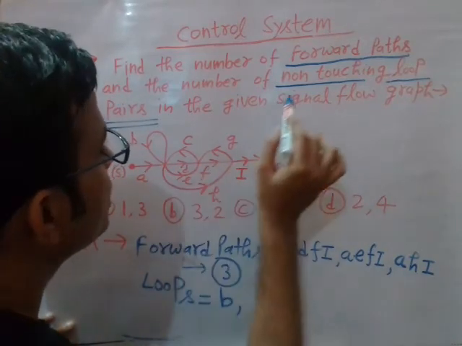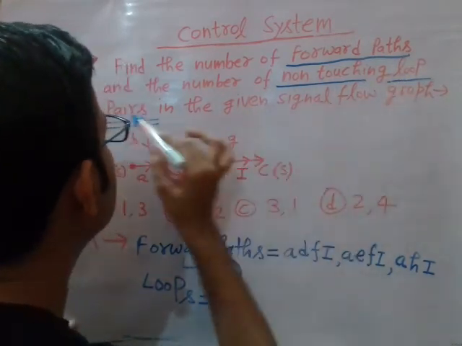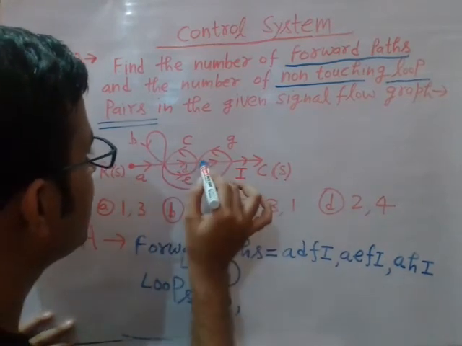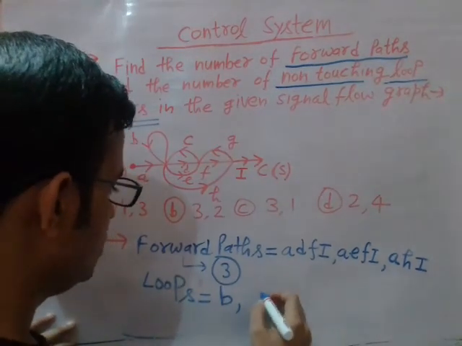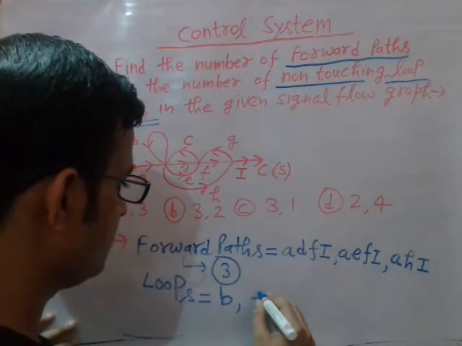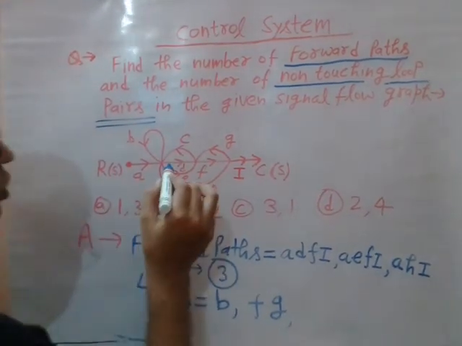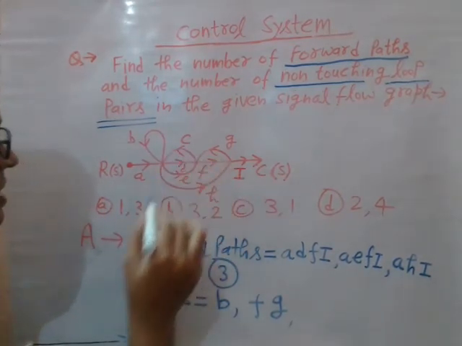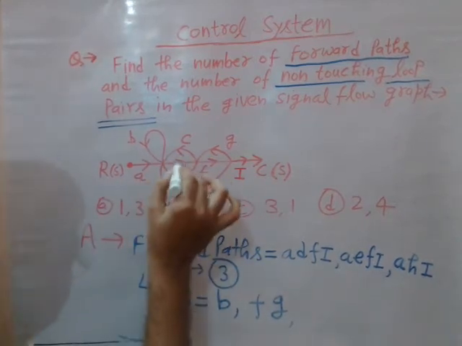Now you have to calculate the number of non-touching loop pairs. The non-touching loops will be this one and this one. This is F and this is G, so FG. You will find one more loop, D and C, but this is touching this and this also, so you will not take this middle loop.